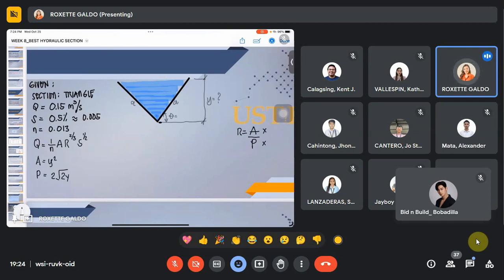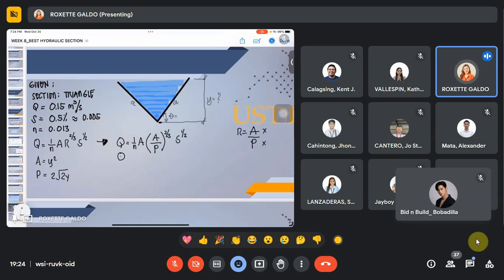Transforming Manning's equation, Q is equal to 1 over n A, and instead of writing R, we are going to use A and P: A over P raised to the power of 2/3, S raised to the power of 1/2.